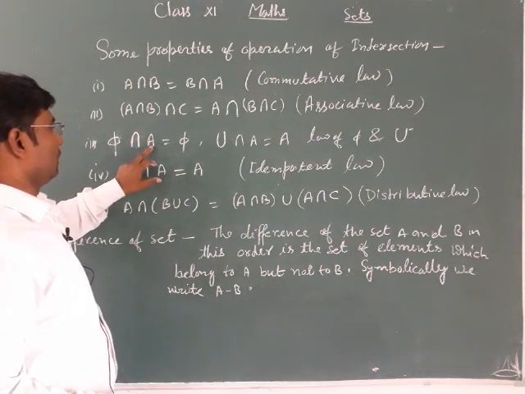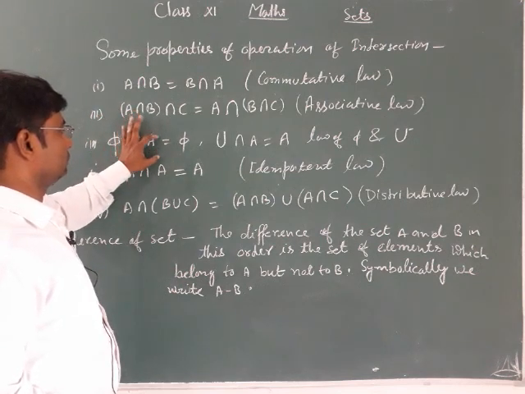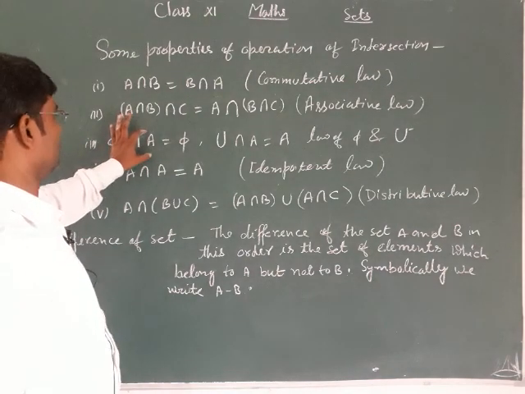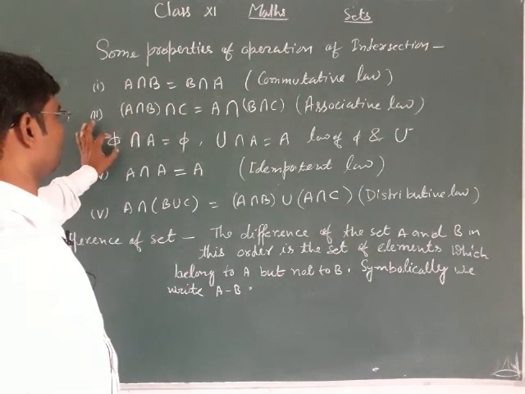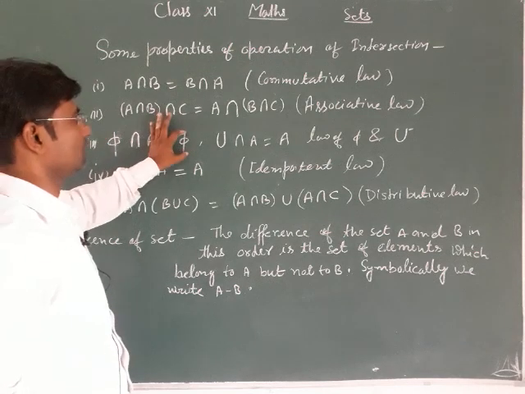So this is the common elements of two sets, each taken only once. Phi has no element in the set, so this is phi.